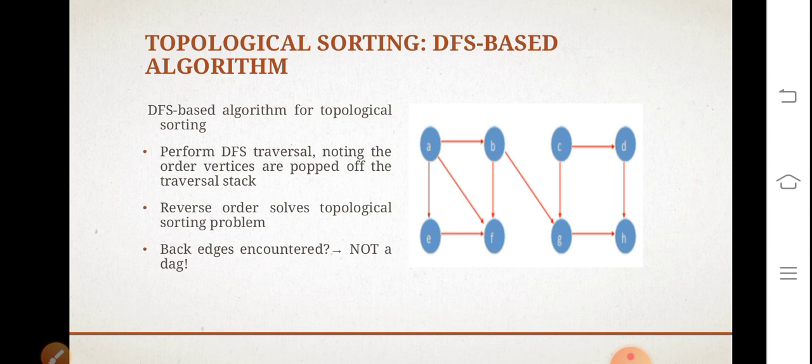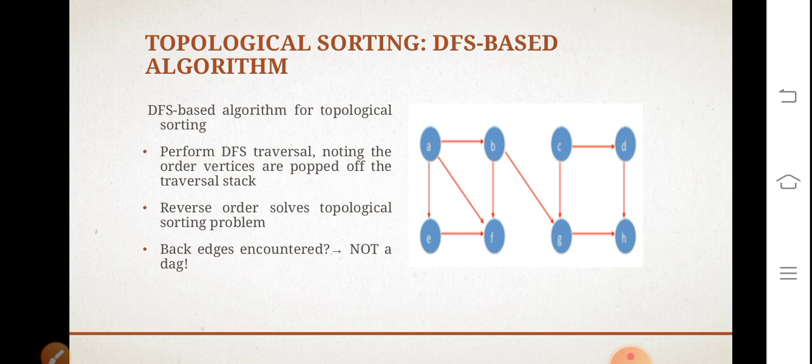And now we have topological sorting, that is, the DFS based algorithm. So what does this DFS based algorithm say? DFS based algorithm for topological sorting: perform a DFS traversal, noting the order in which vertices are popped off the traversal stack.